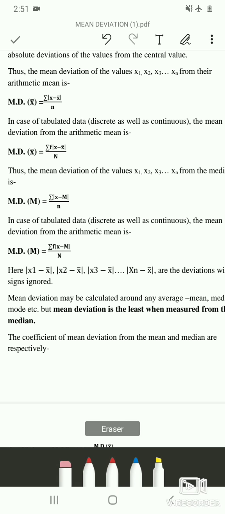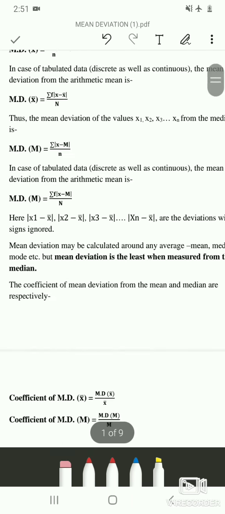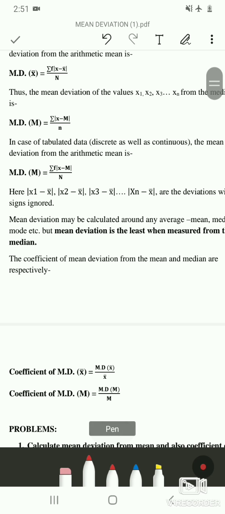So mean deviation in case of discrete as well as continuous data from the median is, this should have been median. So mean deviation from median, the formula is summation f into absolute value of x minus capital M upon capital N, where N is the total number of frequencies.